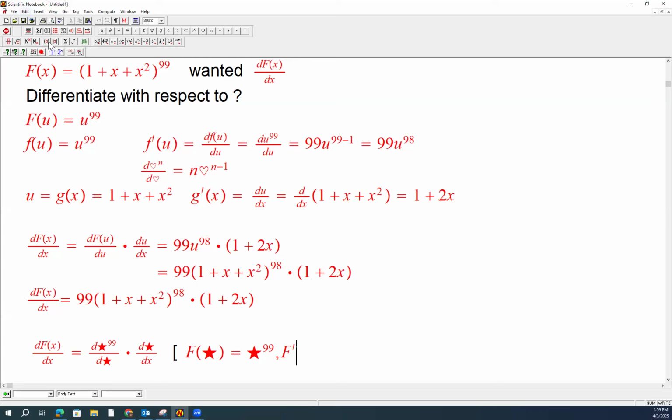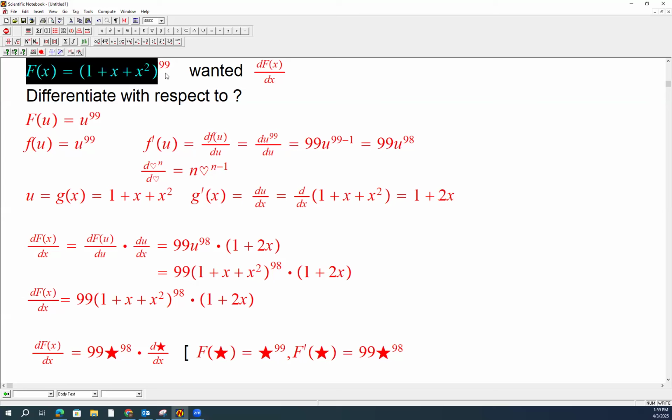You forget about what bologna is. We're going to come back to take care of bologna. So this is going to be 99 bologna to the power of 98. And as you're doing that, you just put this in place.